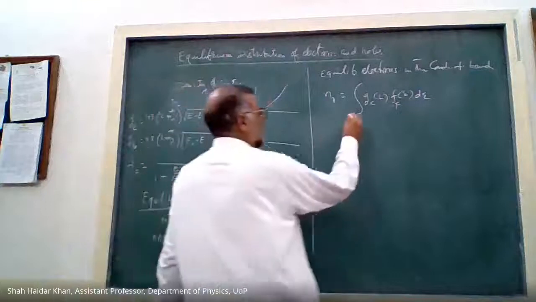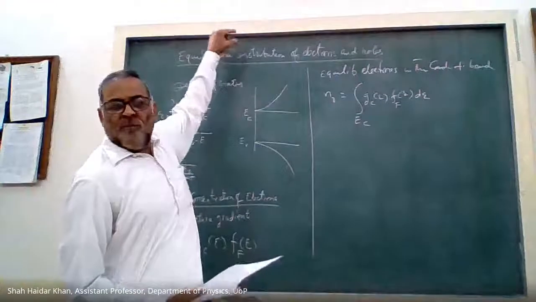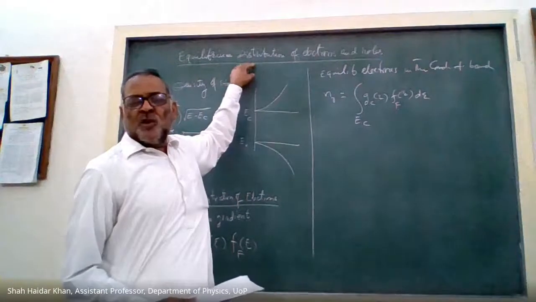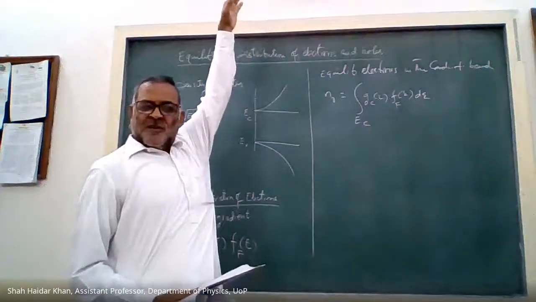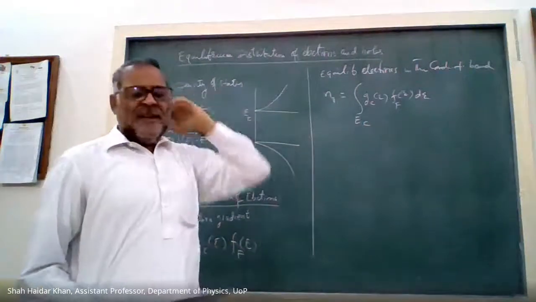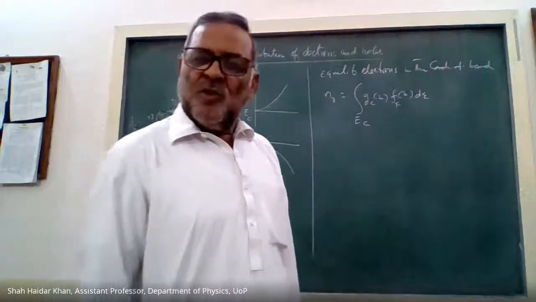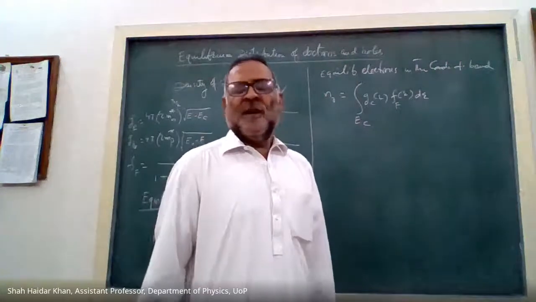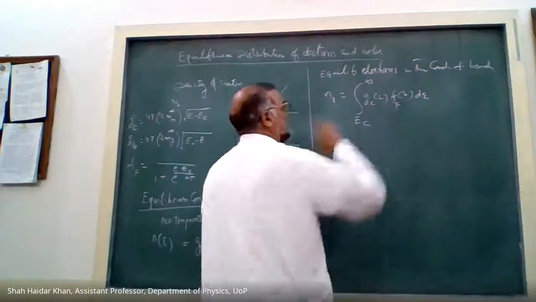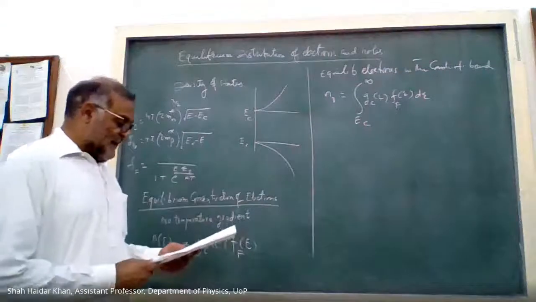And the lower limit is EC. Some energy up high, but I can extend the limit to infinity because if the energy goes up, the probability of occupation of an electron becomes 0. So it will not make any problem if you extend the limit to infinity energy, right? It will not make a change. It will not make a difference. So you can write the upper limit as infinity, right? So I have to find this.